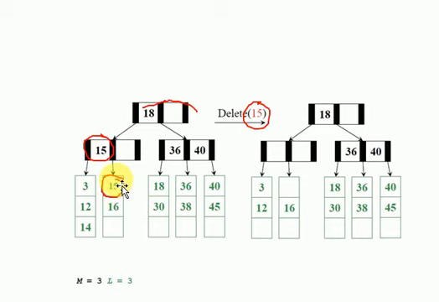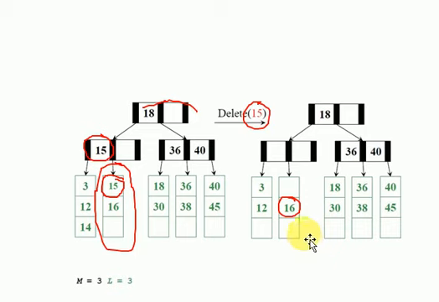So if I delete 15 from the given tree, what will happen is this particular node, if I remove 15, will contain only one key, that is 16, and the minimum required number of keys is 2. So this node will become deficient because it is not fulfilling the definition of a B plus tree of order 3.